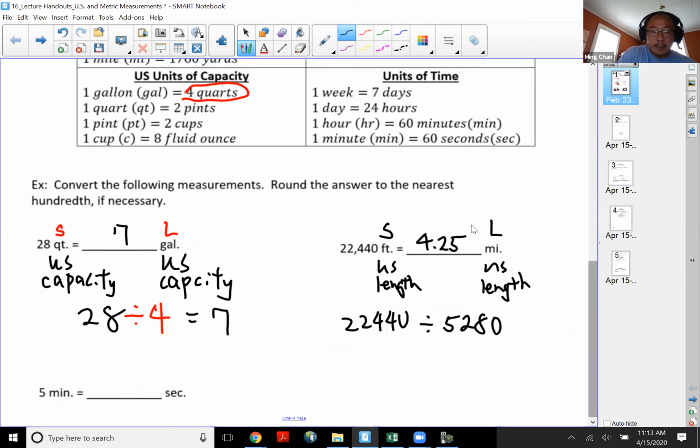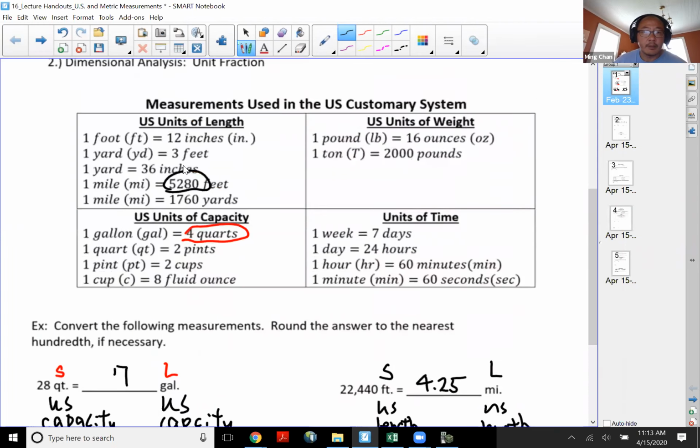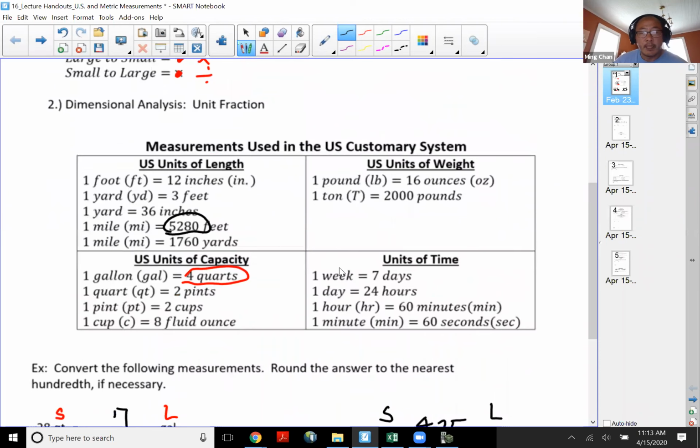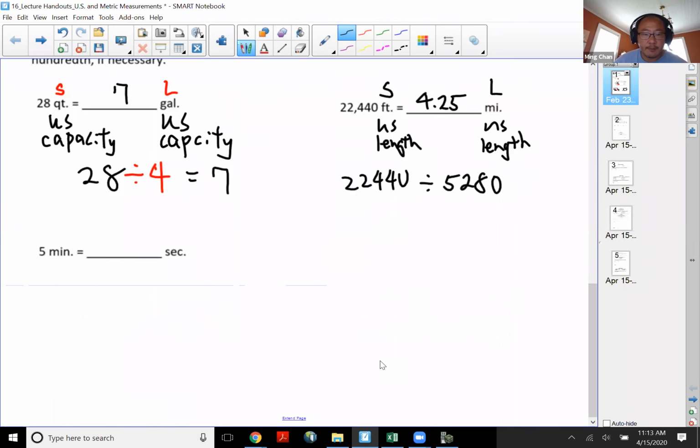All right, I'm going to do the last problem here, and I'm going to use dimensional analysis. This will ring a bell a little bit, using the concept of the unit fraction. So, 5 minutes converted to seconds.